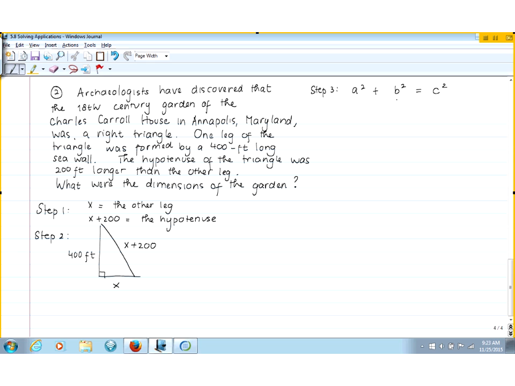So the A and B are interchangeable. I could say the A is the 400 and the B is X, or I could say the A is the X and the B is 400. So it doesn't matter for A and B, yeah? So 400 squared plus X squared is equal to X plus 200 squared. Can you solve it? Okay, so why don't you solve it? I will wait.